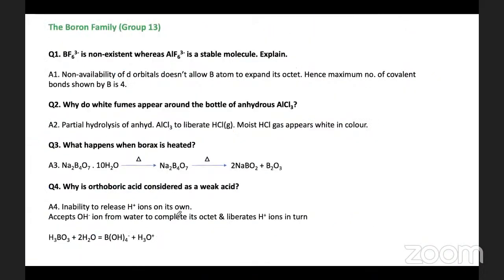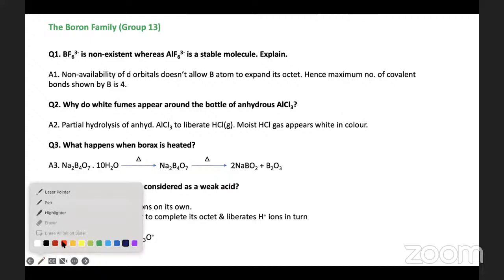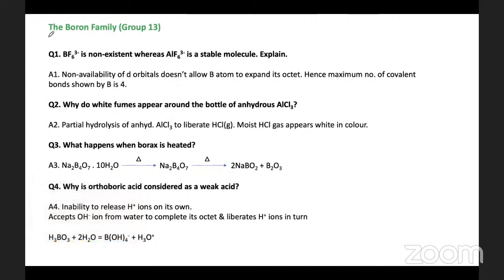So coming to the next part, first we will discuss the group 13 elements, that is the boron family. Since the first element is boron, that's why it is termed the boron family. So group 13 elements can be depicted as the boron family.